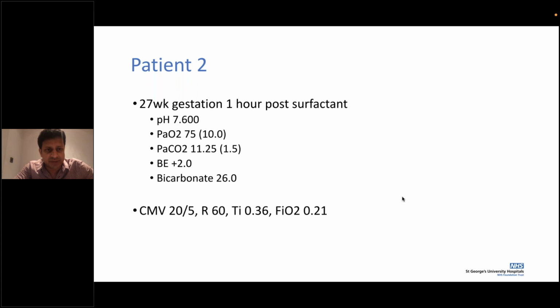That's your pH of 7.6, PO2 of 10, so the oxygen level is very high. PCO2 is 1.5, which is quite low. The ventilator mode is still CMV, and the oxygen requirement post-surfactant is very good. It's come down to 21%. So what are your thoughts? And the rate still remains high.